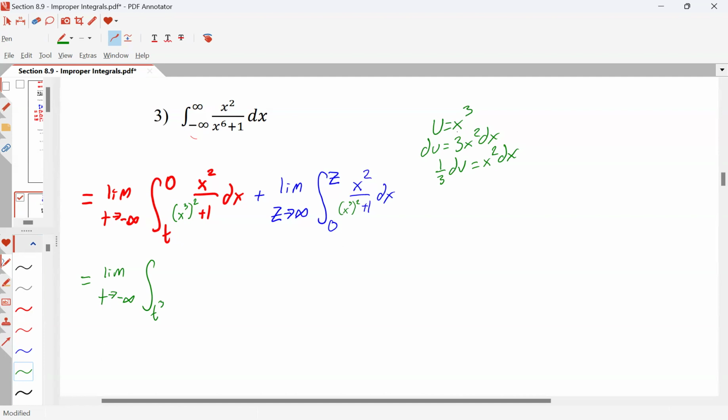I'm going to write it as 0 cubed to demonstrate we have changed our bound, but in this case, the bound will stay the same. It will stay 0. And now the numerator becomes the 1/3 du, and we have times 1 over u squared plus 1.